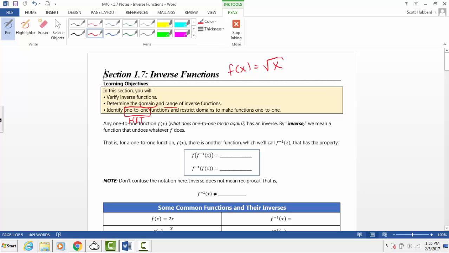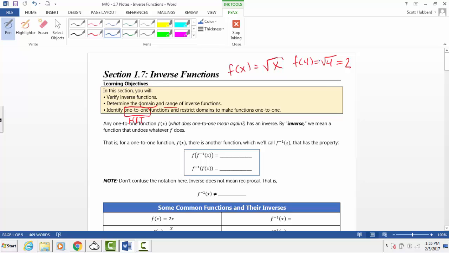Now, if I want to come up with something that will undo that, so if I plug in 4, f of 4 is square root of 4, which is 2. What an inverse function is, is some function that says, okay, take this 2 and then somehow get back to 4.